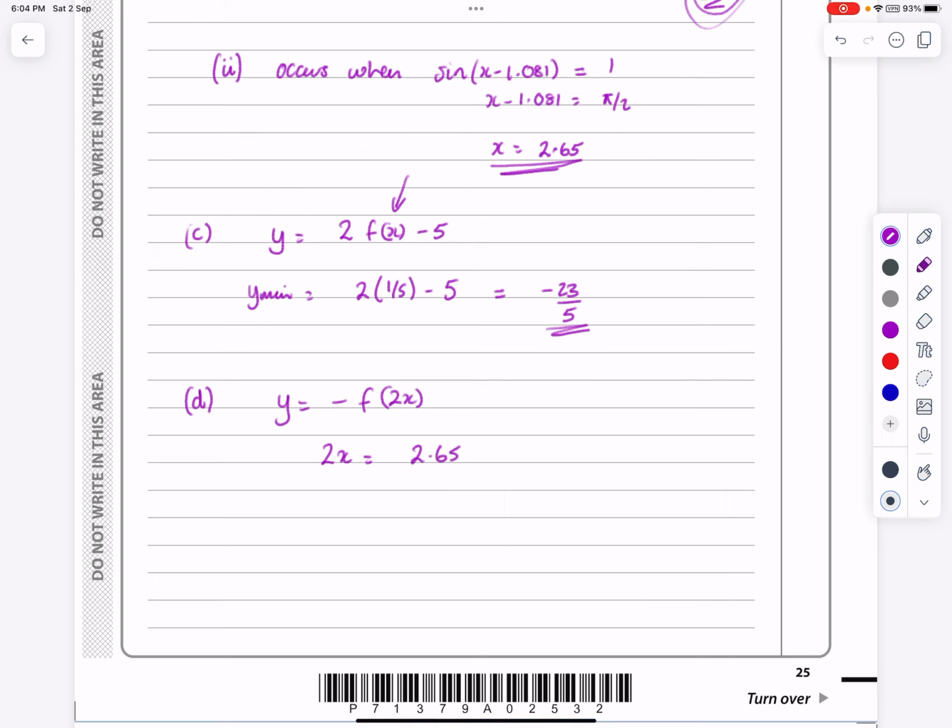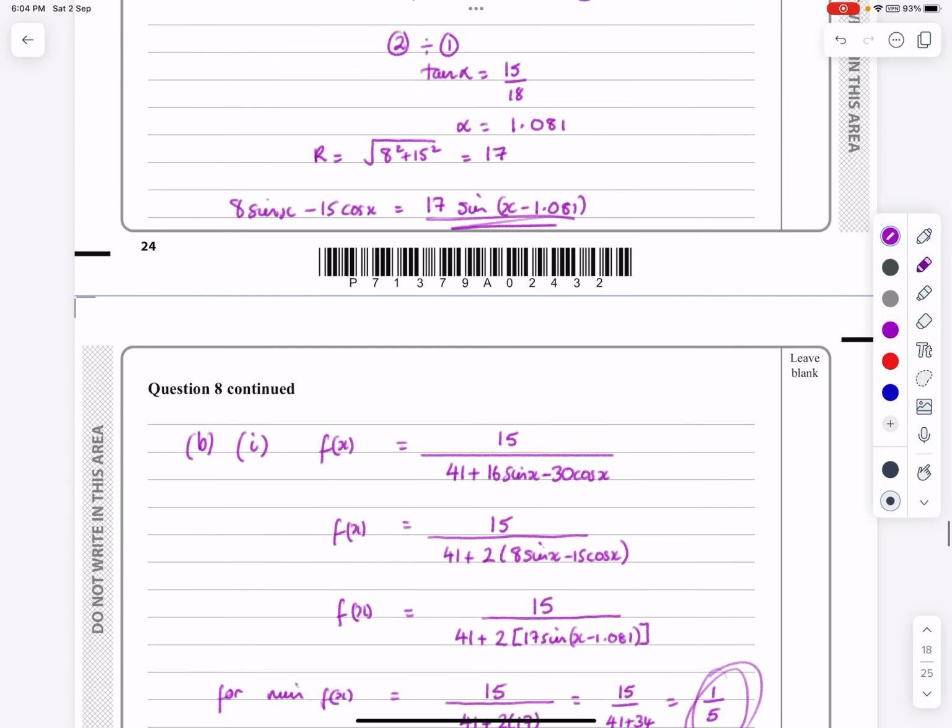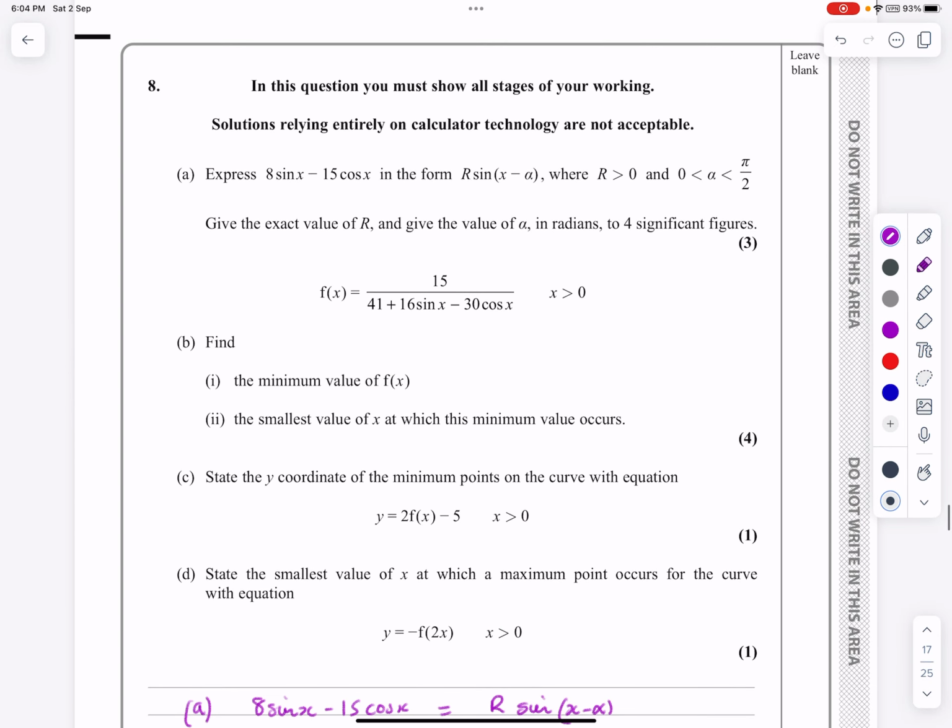I'm going to use the entire number on the calculator, but 2x is equal to 2.65. So x works out to be that divided by 2, and that works out to be 1.33 if I do it to 2 decimal places, which is what I've decided to do for B, C, D. Okay, hopefully that makes sense.